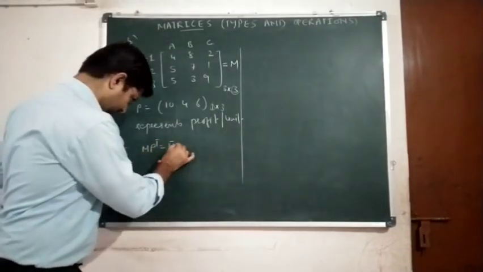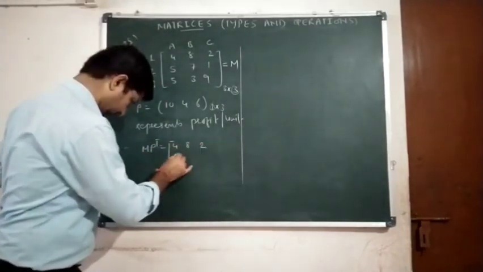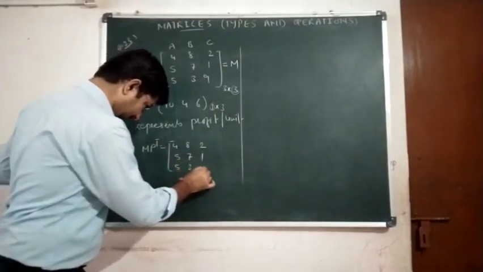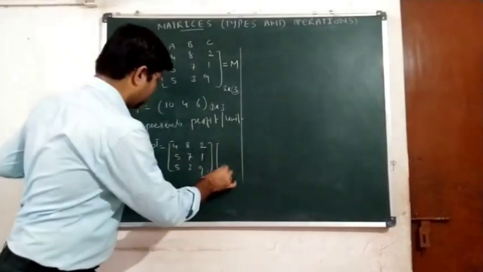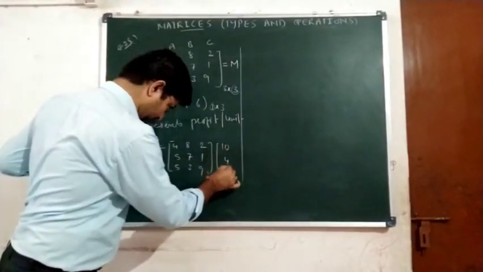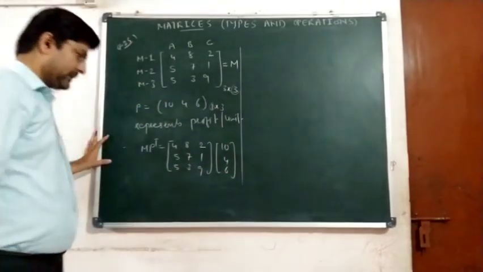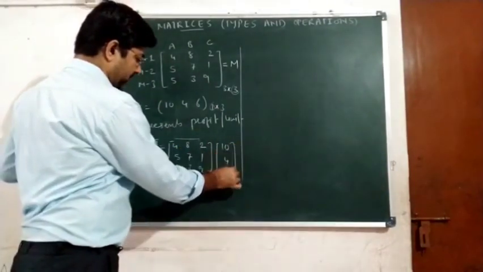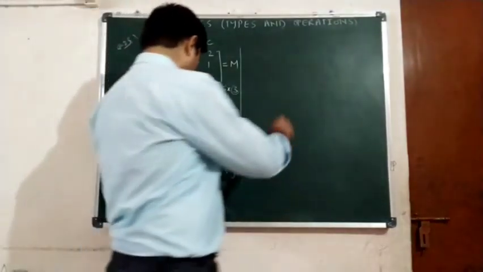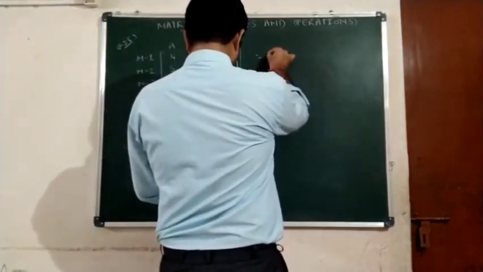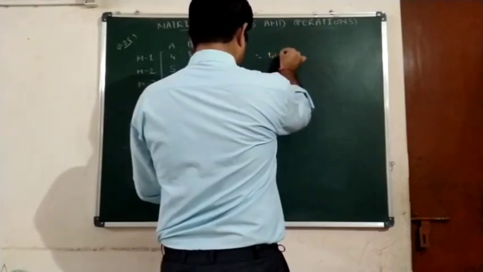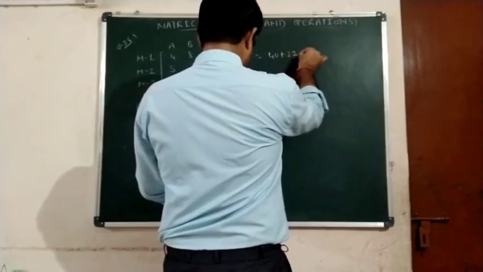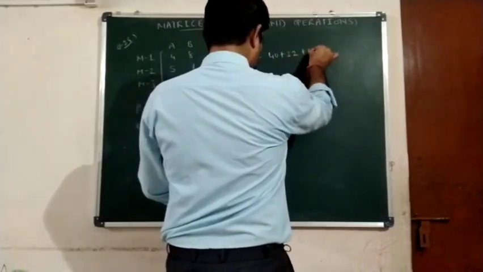So matrix M, 4 8 2, 5 7 1, 5 3 9, multiplied by 10, 4, 6. Clear? Okay, now we will multiply row into column. Let us multiply. So 4 tens are 40 plus 8 fours are 32 plus 6 twos are 12.